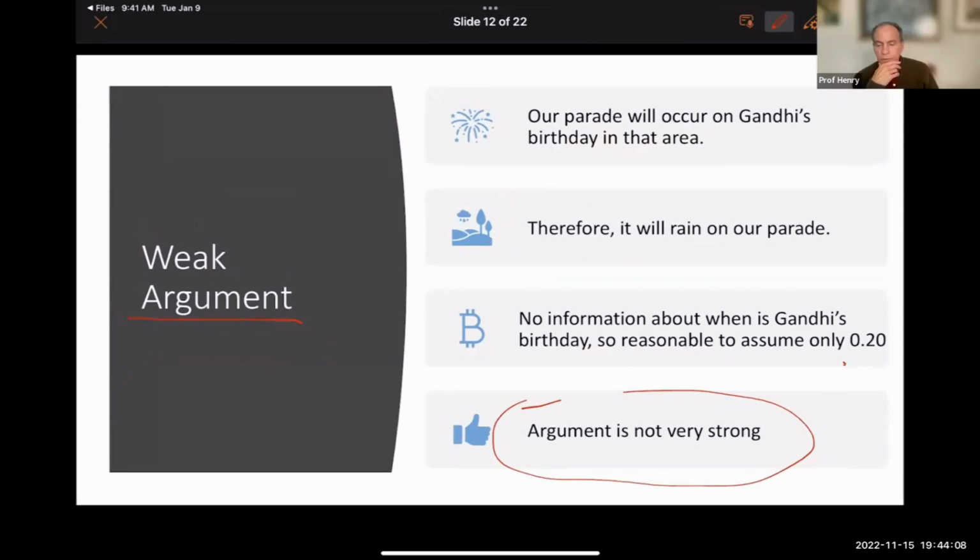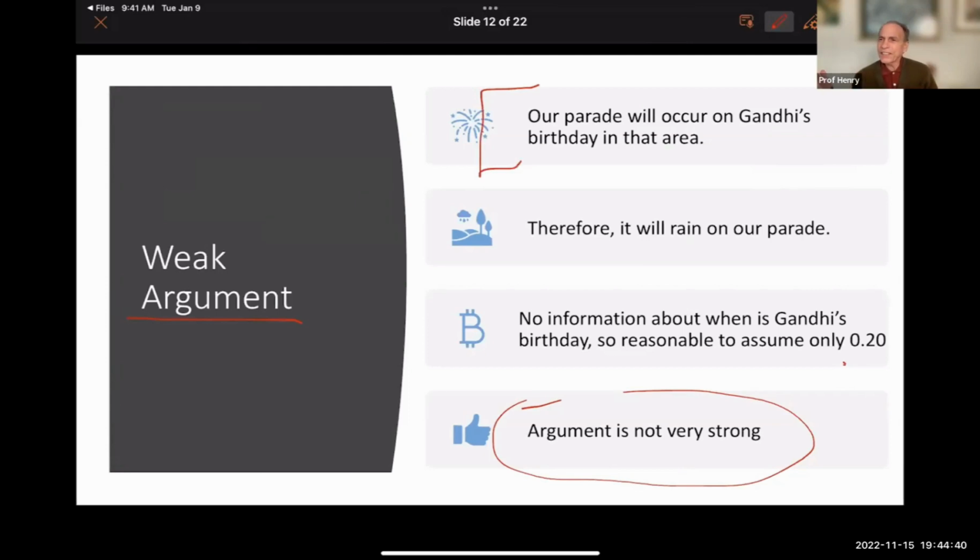No, Karen. I don't think the difference in words makes the difference whether you say it will or most likely. Whether you say it will or most likely, you could refute that argument based on, well, what are your premises? Well, this premise here, our parade will occur on Gandhi's birthday.